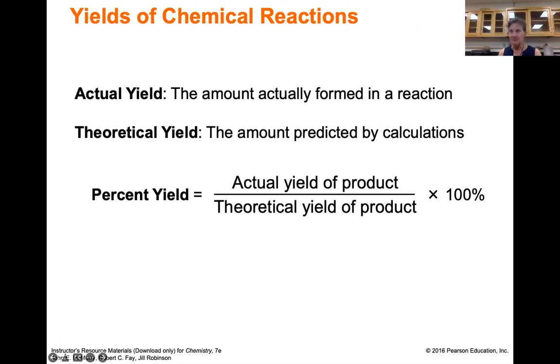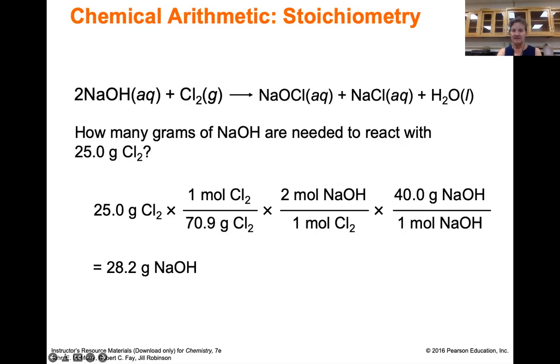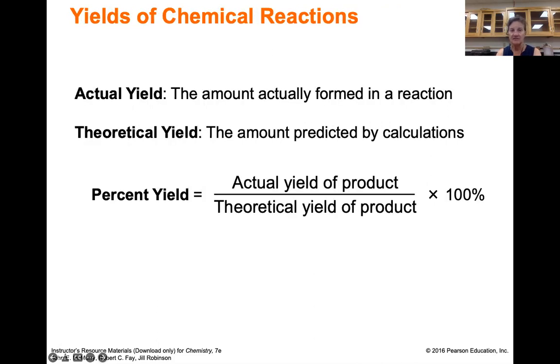So what we've calculated right here is theoretically how much sodium hydroxide it would take. Oftentimes reactions don't go to completion, or for some reason you don't actually make this theoretical comparison. So when you're comparing how much product you can make from a reactant, you'd first calculate the theoretical yield.